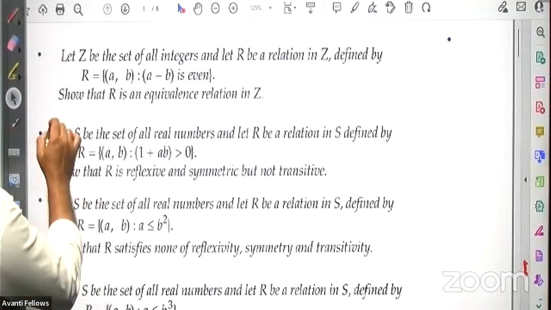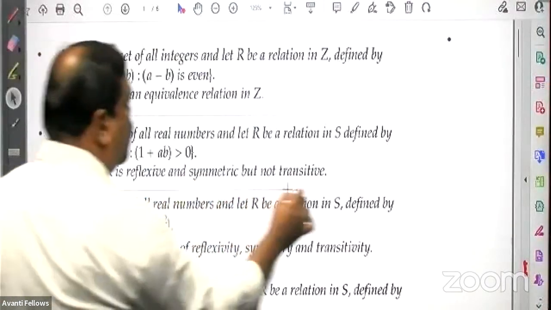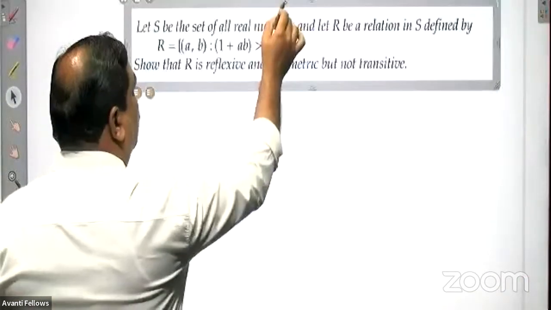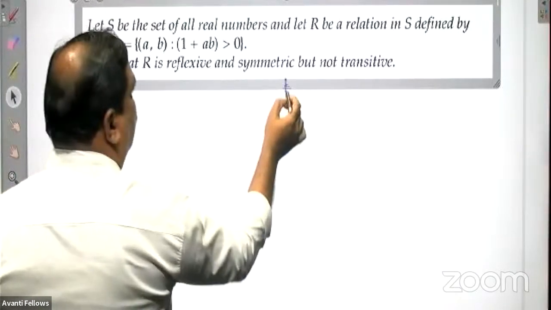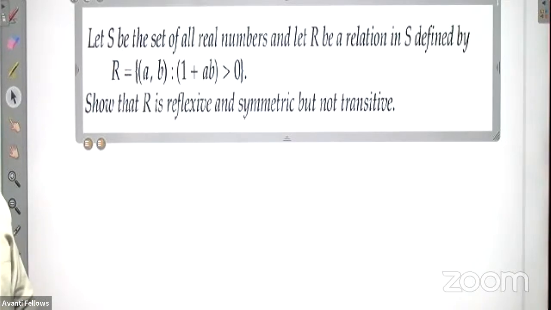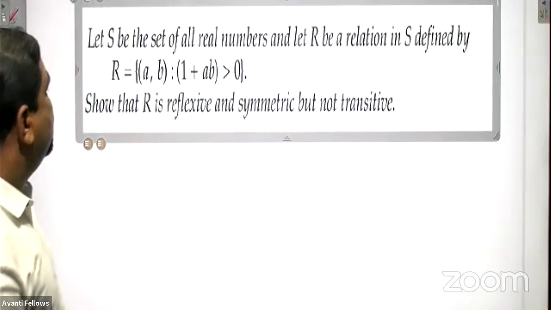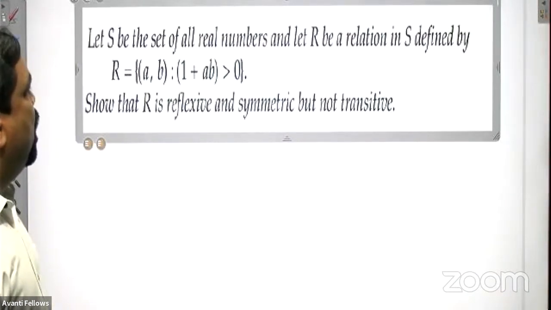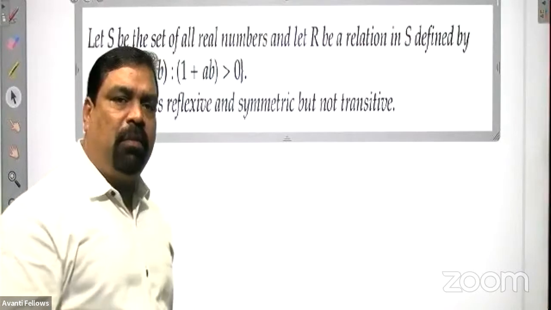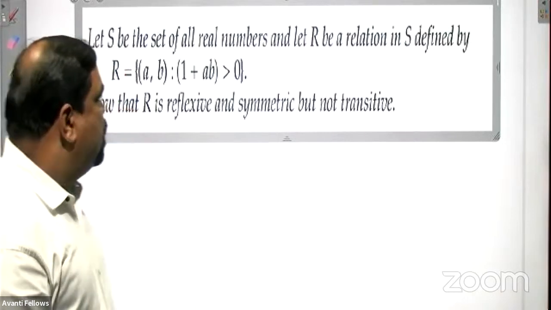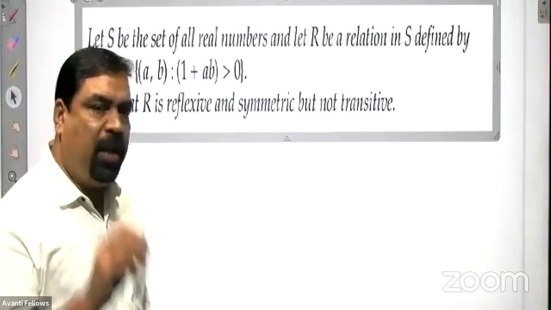Let us take the question: S is the set of all real numbers, and R is a relation in S defined by R equal to all ordered pairs AB such that 1 plus AB is greater than 0.